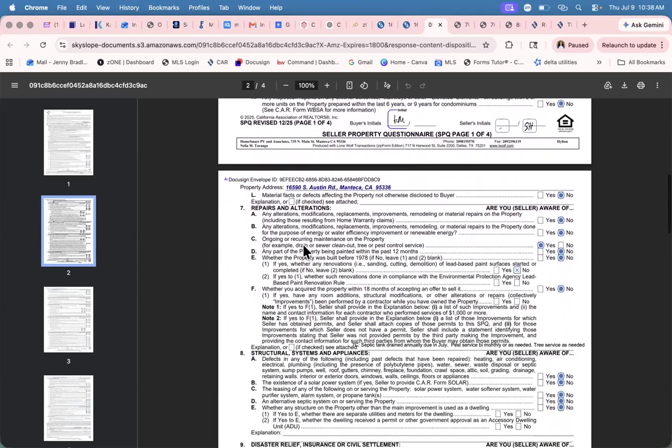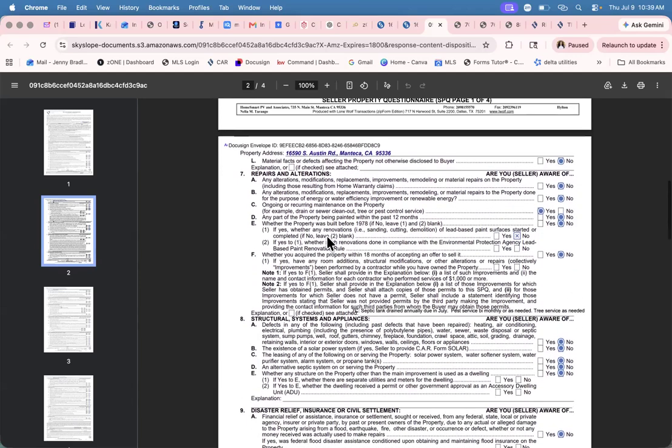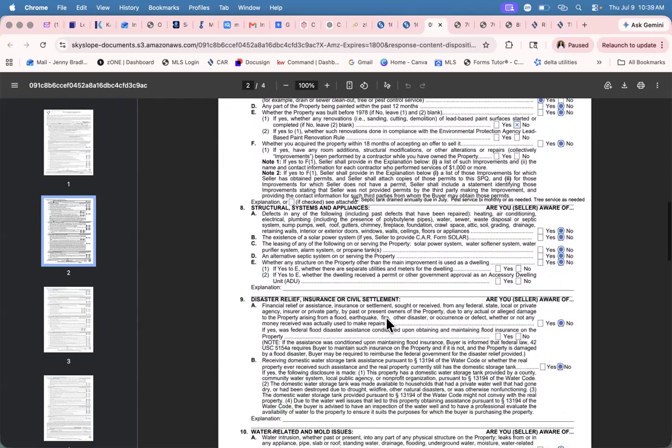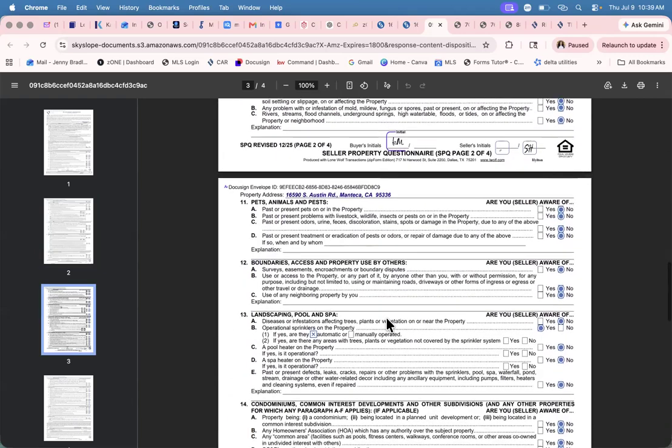So right here, they did mark yes on something: ongoing or reoccurring maintenance on the property, for example, drain or sewer clean out, tree and pest services. Yes. They did not put an explanation, but they did let me know that they had to do pest every 3 months and so on, because it was run as a business. So these are pretty clean. The house is pretty clean, to be honest with you.